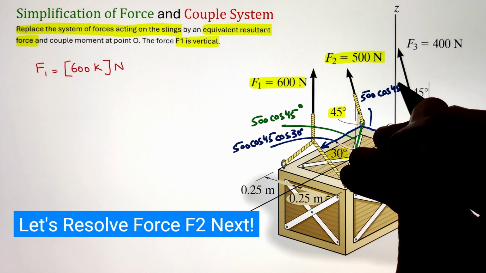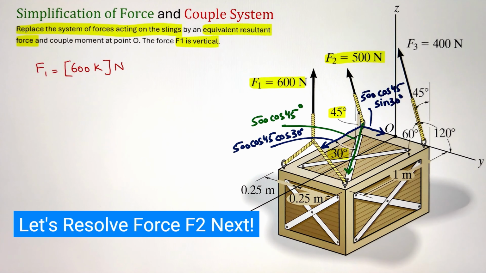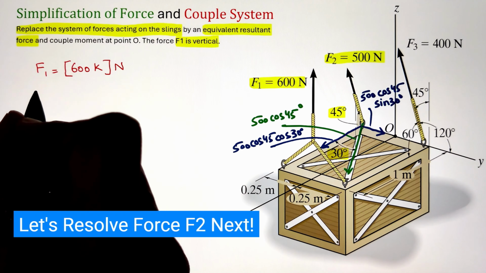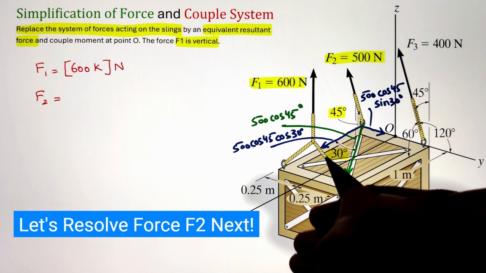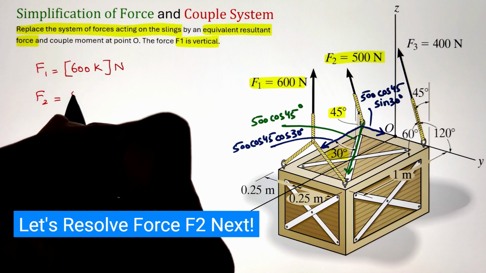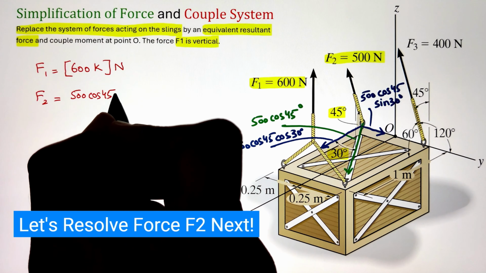Now, once we have that, let's go ahead and represent our i and j components. So F2 will be equal to 500 cos 45 cos 30, and since it is acting towards the positive x direction, that's why it is taken as positive.